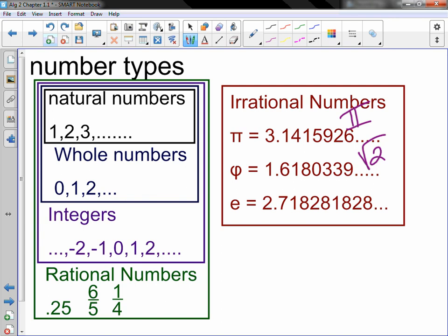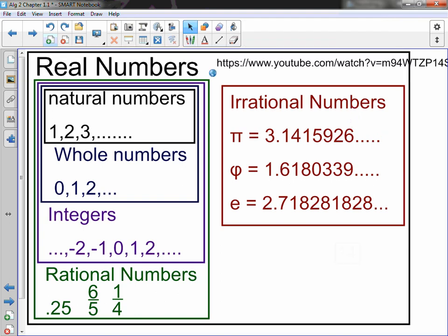And there's one more type. Do you have an idea what the next one is? Real numbers. Because you've at least heard of that by this point, where we talked about the set of all real numbers.